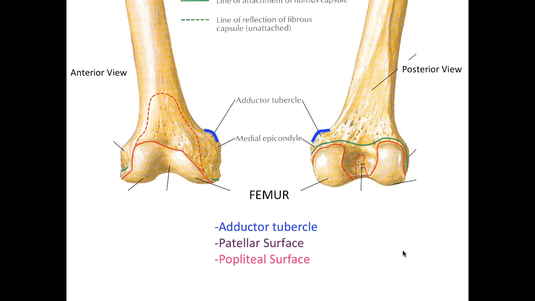It's called adductor tubercle because we'll have some adductor muscles inserting onto this bone marking. The other thing we're going to see is the patellar surface. So you can imagine that you only see your patellar surface on the anterior view because that's where our patella is going to be. So that's right over here. And then our popliteal surface you can only find on the posterior view.